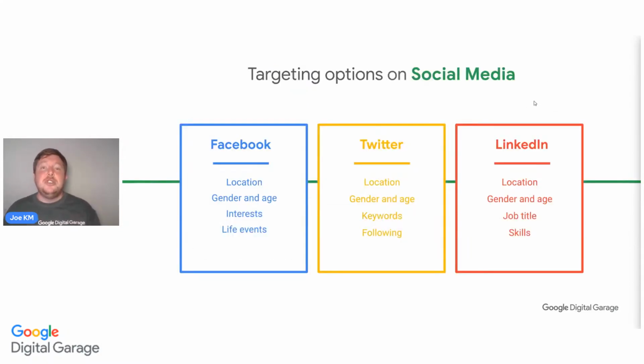So what can we actually do with different targeting for different ones? So Facebook, I mentioned before, life events, interest, age and gender, and location. Just from that, I'm a wedding company. I can advertise to Joe in Manchester about wedding rings. And because he's a man, he's probably buying female wedding rings, or he's going to buy male suits, or suits in whatever, different styles.